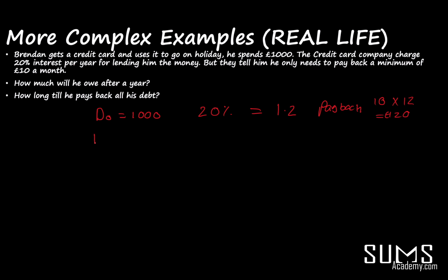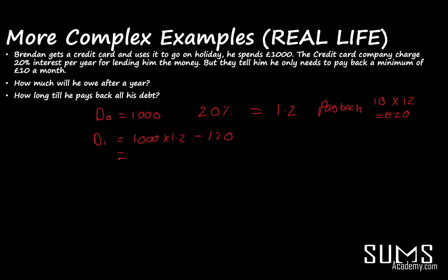Perfect. So the debt after year 1 is equal to 1,000 pounds times 1.2, minus 120, for paying it back.